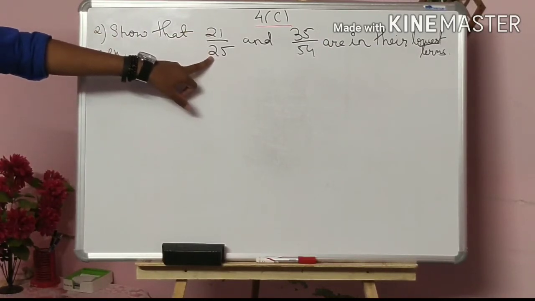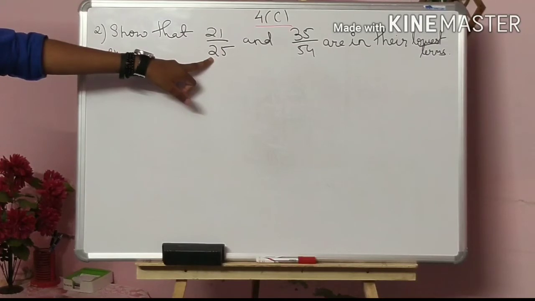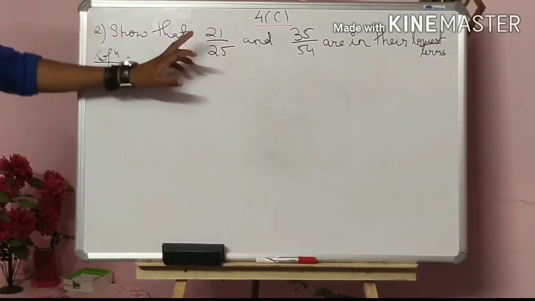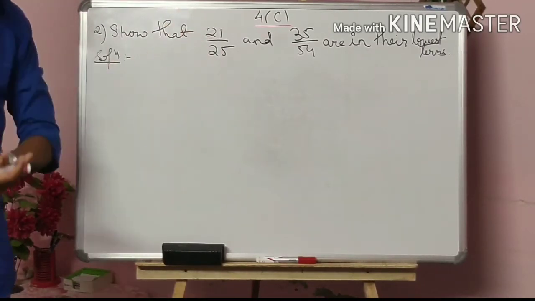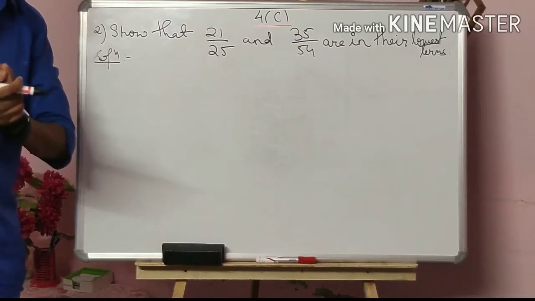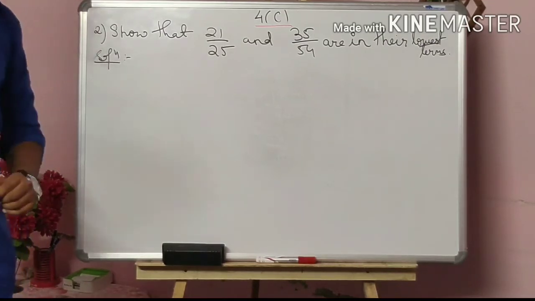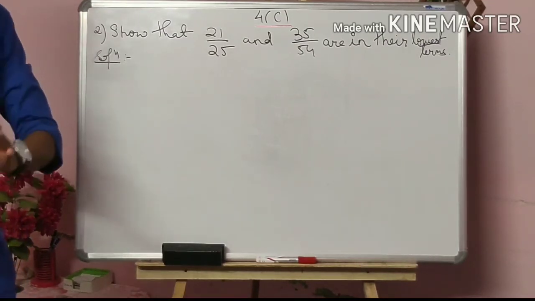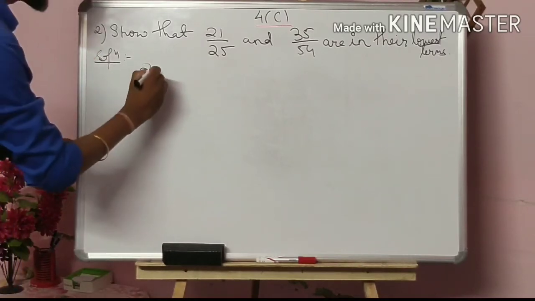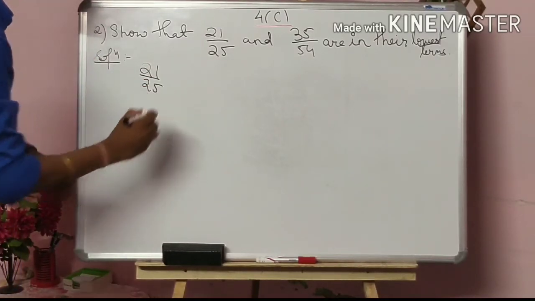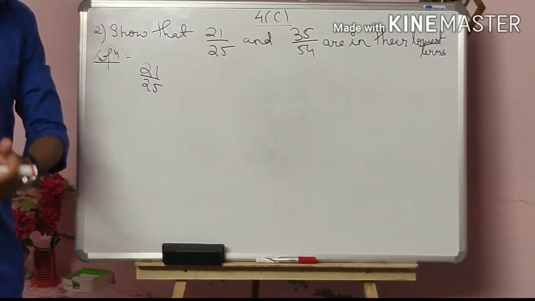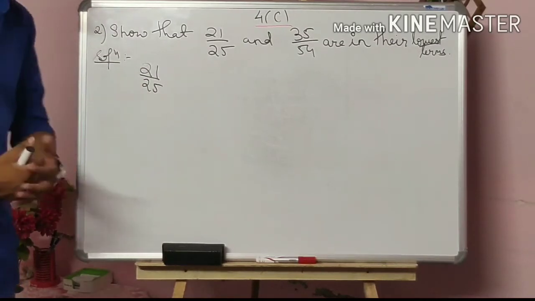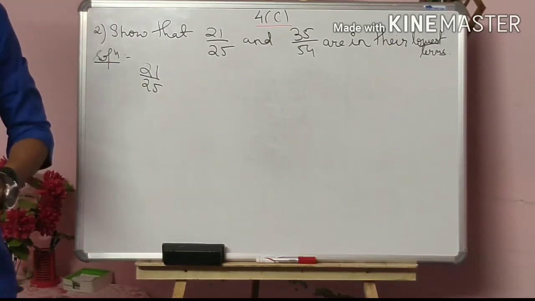That is the greatest number, the highest common factor. If we get the HCF of 21 and 25 as 1, then we will be able to say they are in their lowest terms. Got it?